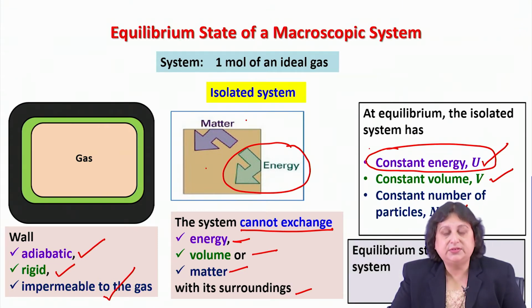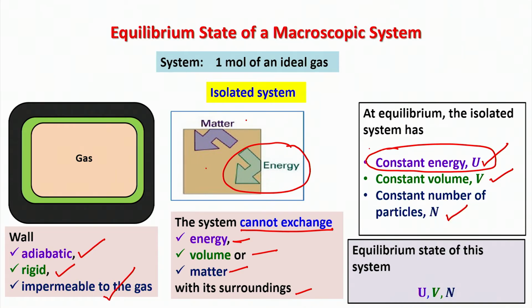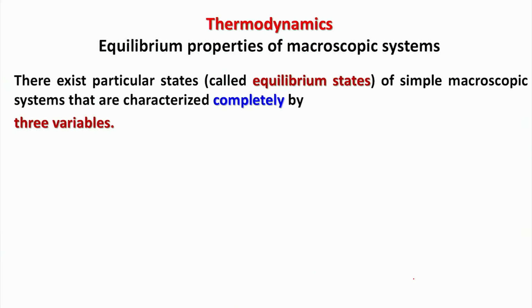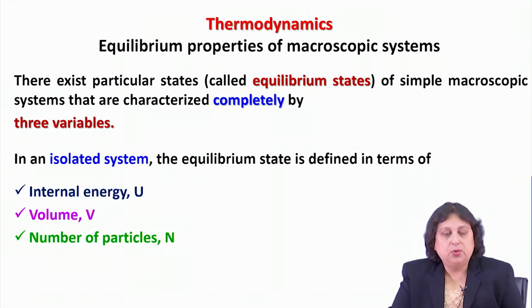And that gives you the fact that the equilibrium state of this system can be defined by specifying the value of U, V, and N. So, in an isolated system, you require only three variables U, V, N and their specific values to define the equilibrium state. And therefore, I can say that there are only three variables that I needed to do this definition.